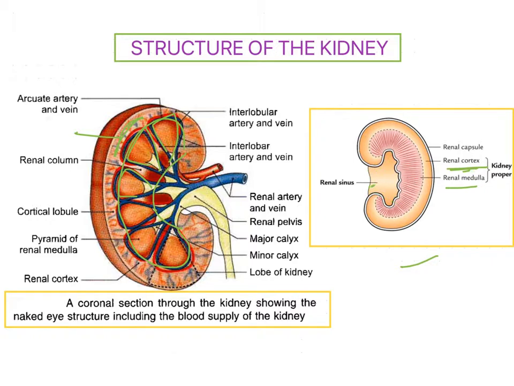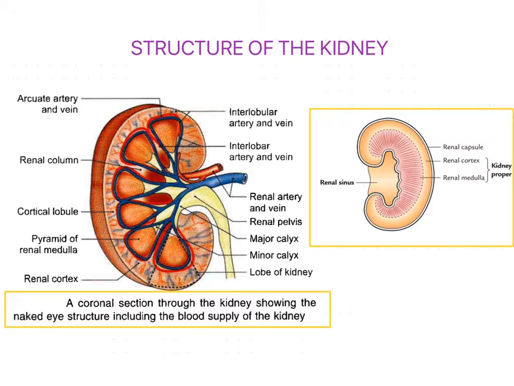Now we are going to discuss each layer. First we will start with the renal sinus. What are the structures present in the renal sinus? We already know that the renal sinus extends from the hilum, and we also know the structures which enter the hilum.